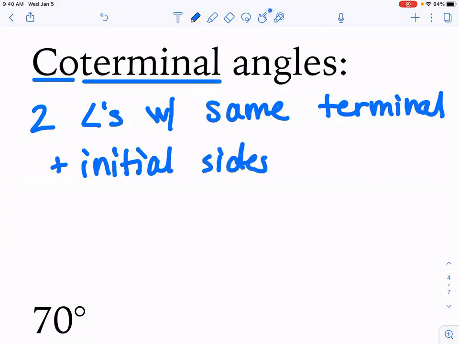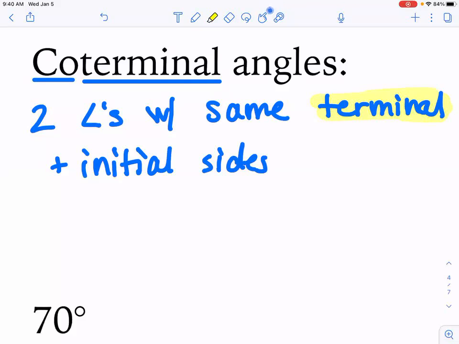Okay, so do you see how it says coterminal? Me and Miss Herbson are co-sponsors of NHS. We share the title of sponsor. Coterminal angles share a terminal side and an initial side too.